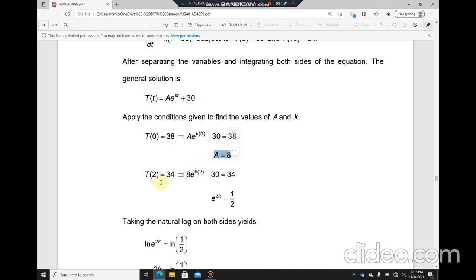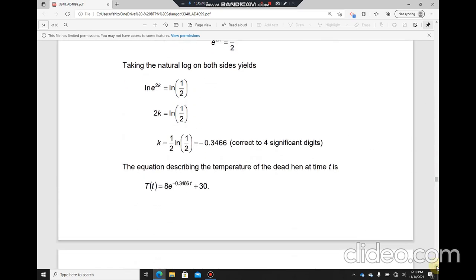Next information, when time equals to 2, your temperature is 34. So substitute time 2 and then your temperature is 34. So you will get the value of K. Samalah yang ni, bila kita ada exponential function and then take natural log both side to get the value of K. So your K is 0.3466.